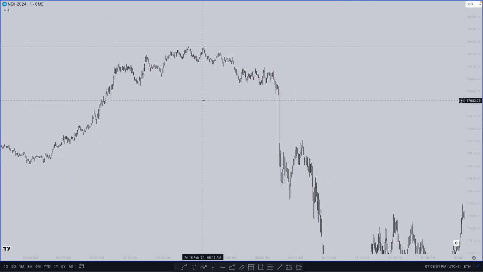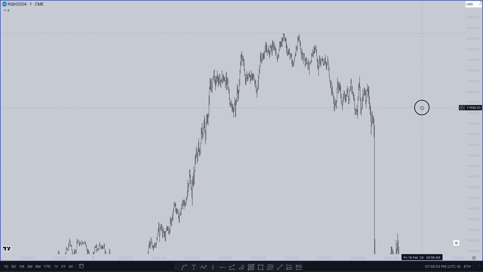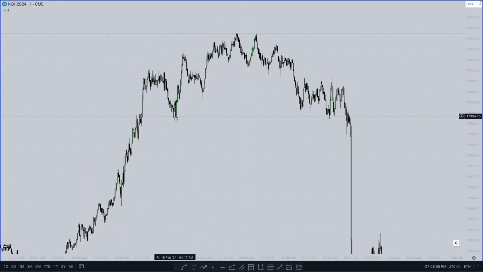Realistically, this is your low that created these highs. And if you want to get really specific, technically this and this is your low. So here is a major low.